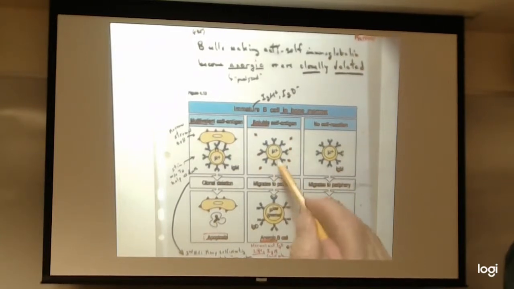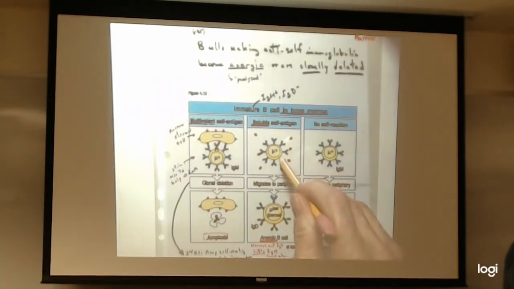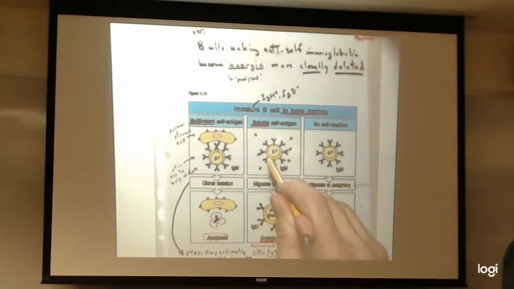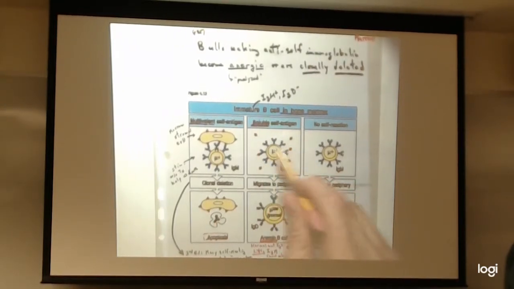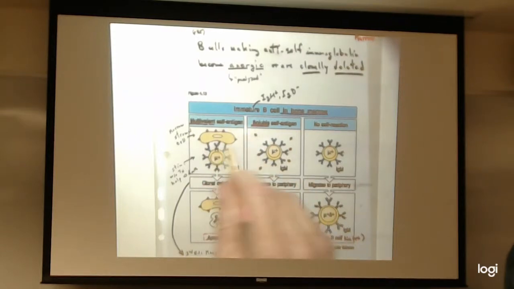If it encounters all kinds of blood proteins, serum proteins, and so forth, soluble antigen, in the bone marrow, where the blood is circulating, these B cells will encounter self-antigen, all the blood proteins and so forth. Okay. This is not a clustered multivalent presentation.